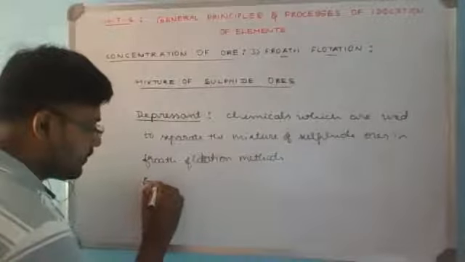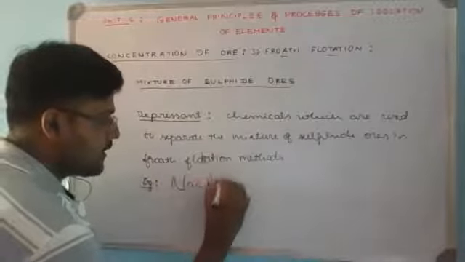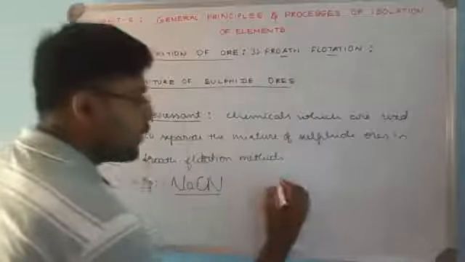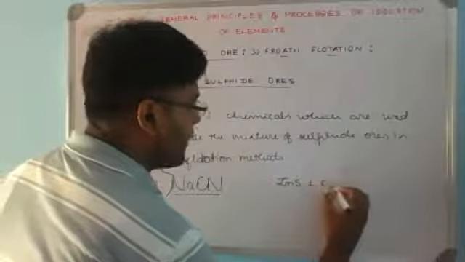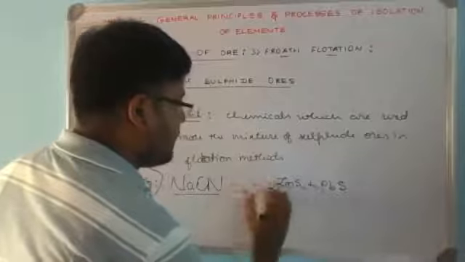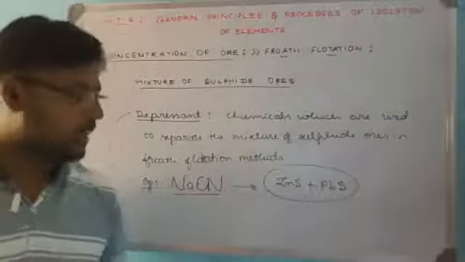Example, we'll consider NaCN as a depressant. It is sodium cyanide. NaCN is used as a depressant to separate the mixture of ZnS and PbS, zinc sulfide and lead sulfide.